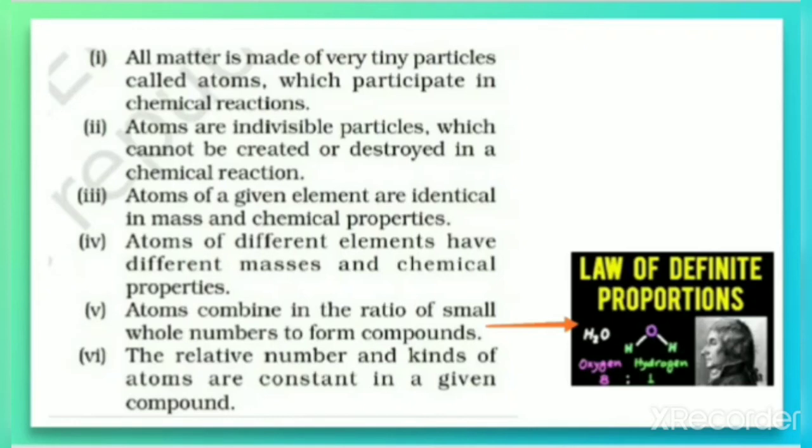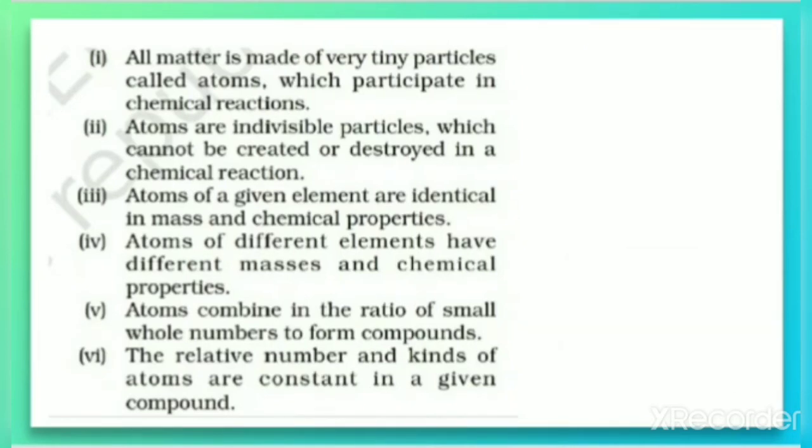The next point: the relative number and kind of atoms are constant in a given compound. That means in a compound like water, the number of atoms is fixed. In the case of water, H2O, that means 2 hydrogen and 1 oxygen, which is always fixed. That is constant for a given compound. And the kind of atoms is also constant.